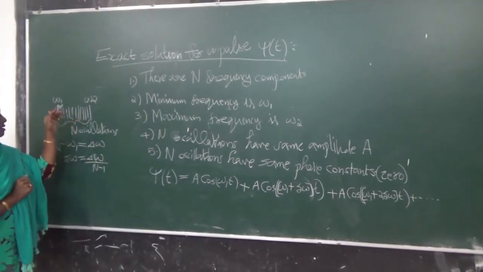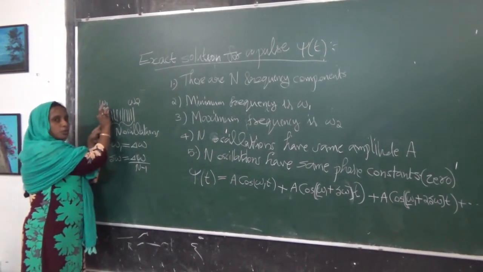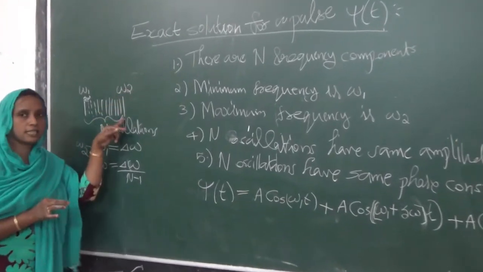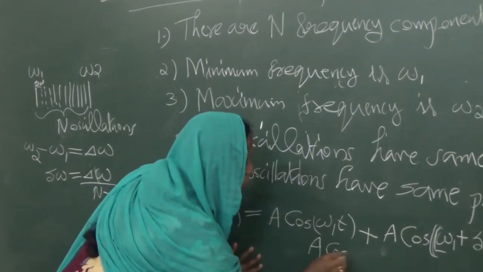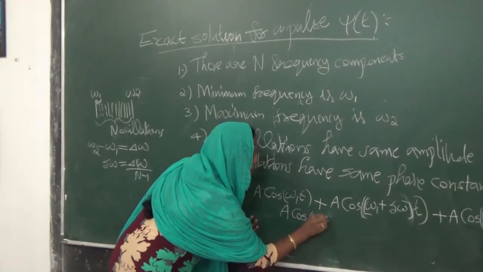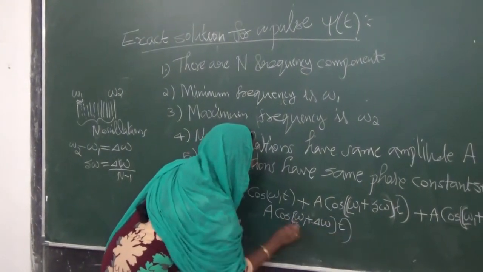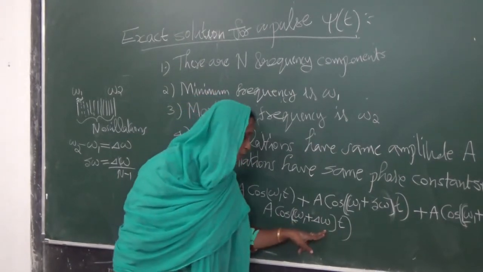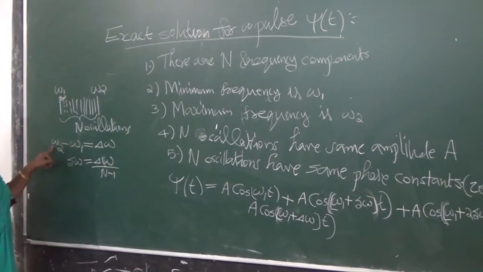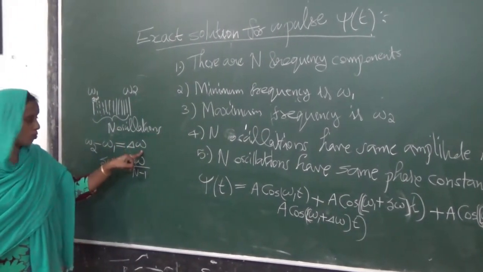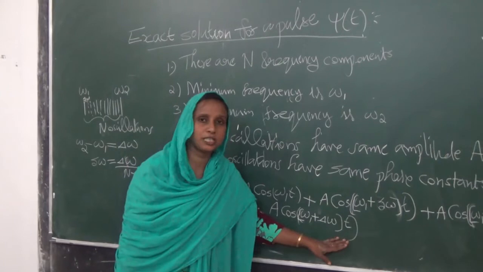From this you can see that by increasing omega 1, omega 1 plus delta omega, omega 1 plus 2 delta omega, finally it reaches omega 2. So the last component is A cos omega 2 t. Omega 2 is already defined like this: omega 2 minus omega 1 equals delta omega.